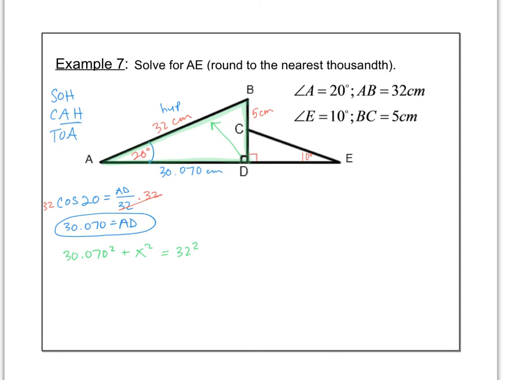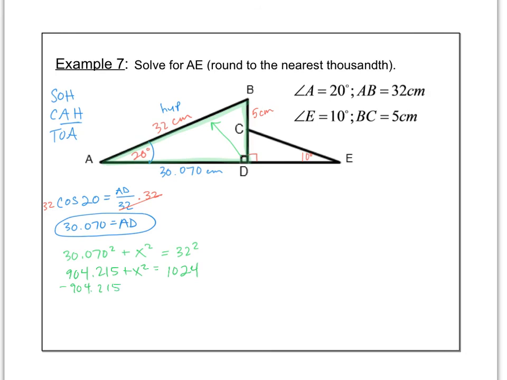Go ahead and square the 30.070. I just left that big long number in my calculator, so I just hit squared, and I got 904.215. 904.215 plus x squared equals 1024. And then subtract, of course.